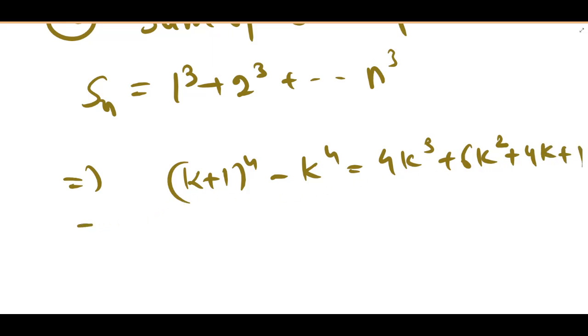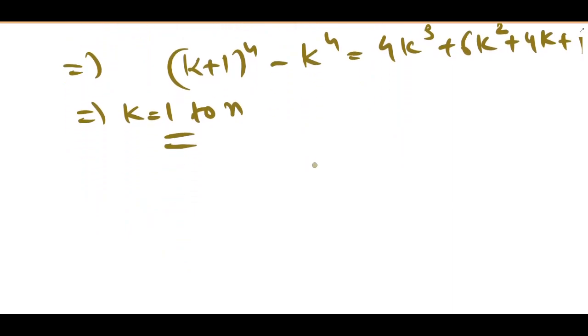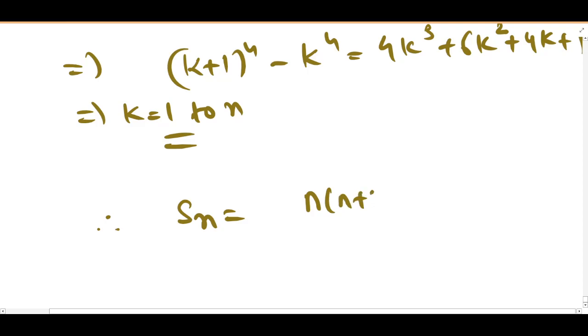In this also we will substitute k equal to 1 till k equal to n, and we apply the summation formula in the end. The process is the same as the sum of square of natural numbers. So the result for the sum of cube of natural numbers will be (n(n+1)/2) whole square.